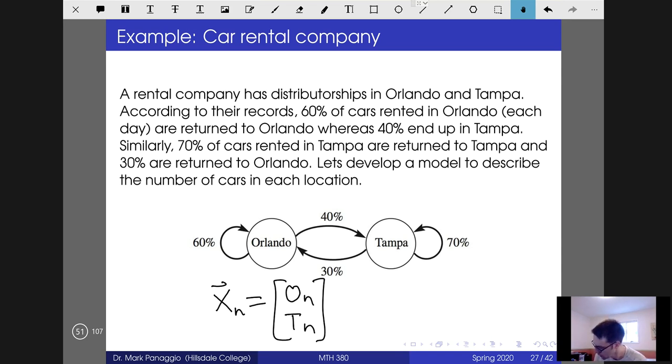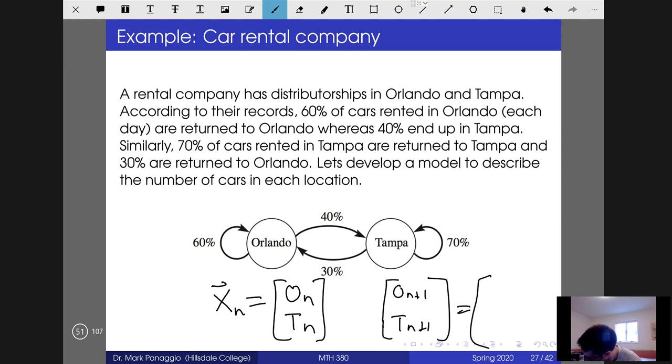All right, so we now want to write down a difference equation to describe this. And notice that the new values of the two variables can be written out in terms of the old values because we know exactly where every car that ends up in Orlando came from.